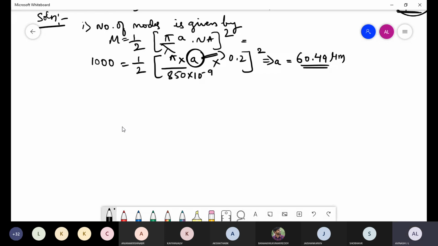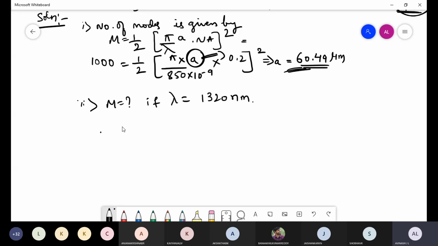Okay. Now, the second part: they asked us to calculate M if lambda equal to 1320 nanometer. The a value we already found out, the same value of a you take.